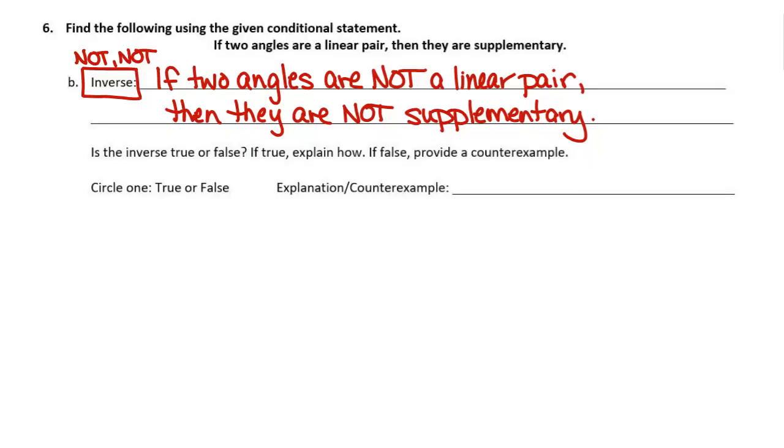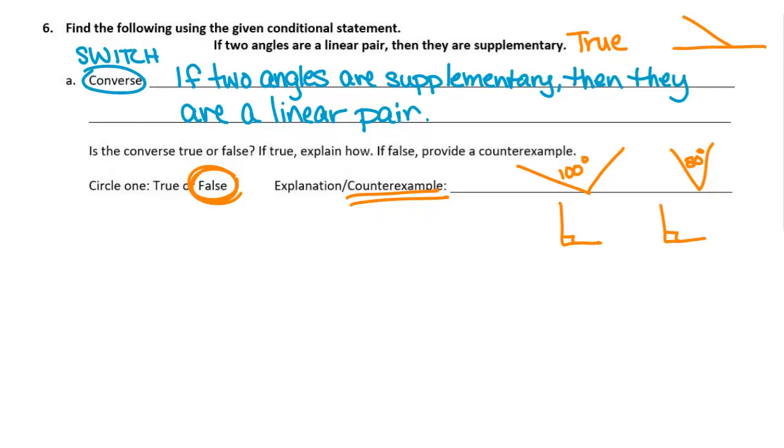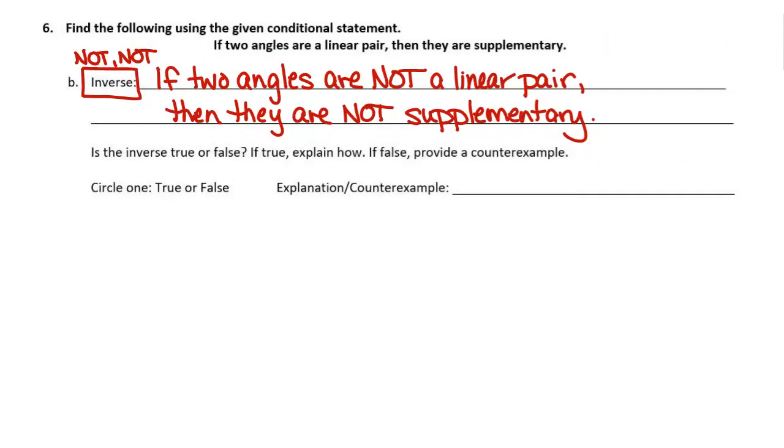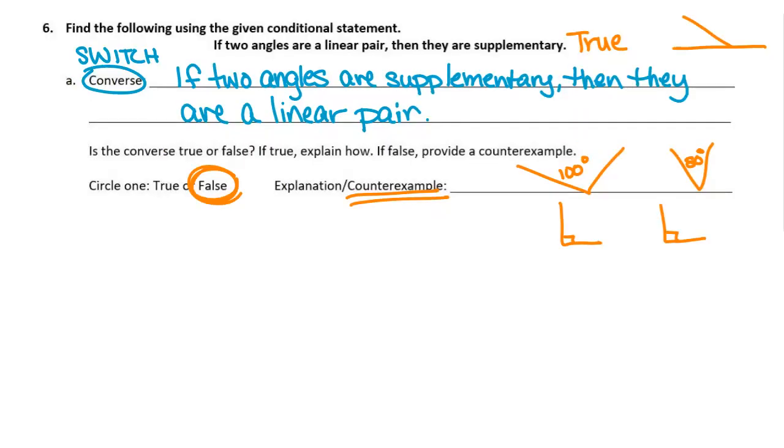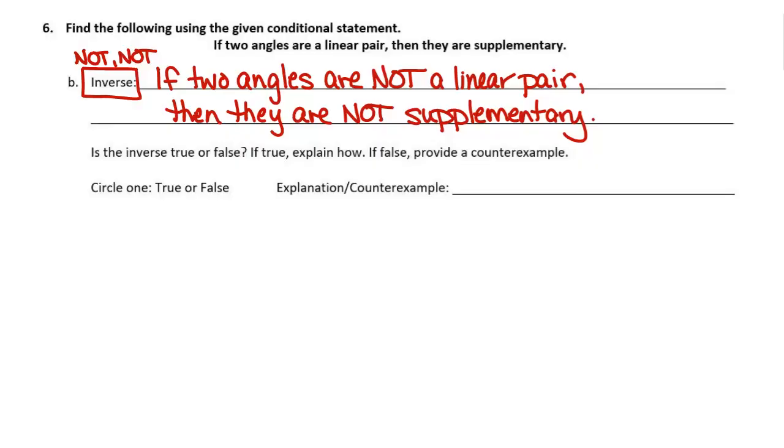Here's the thing about the converse, the inverse, and the contrapositive. Whatever the truth value is on the converse, the inverse will have the same truth value. So if the converse is false, what about the inverse? Has to be false.